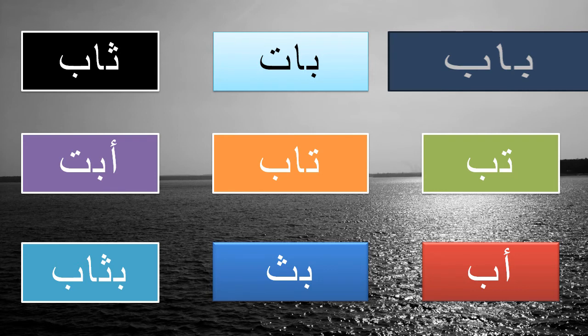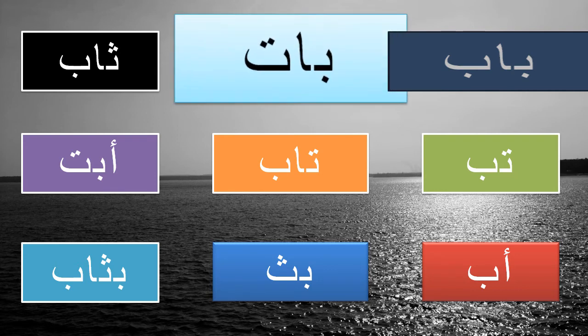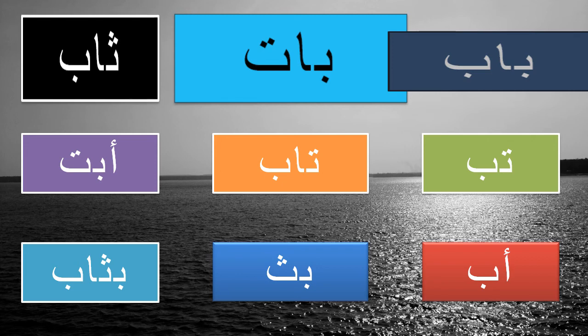Now the second word, it begins with ba, then alif, and the last letter is ta. So how can we read it? Bat, right. Now the third word has also three letters.